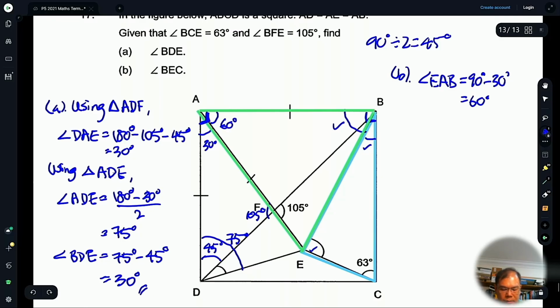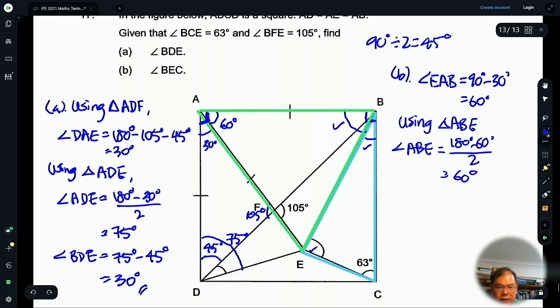Then I make use of the isosceles triangle ABE to find angle ABE. 180 degrees minus 60 degrees, divided by 2, that will be 60 degrees. So this is now 60 as well.